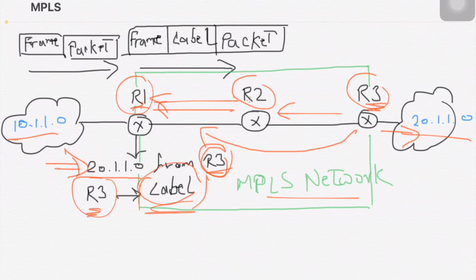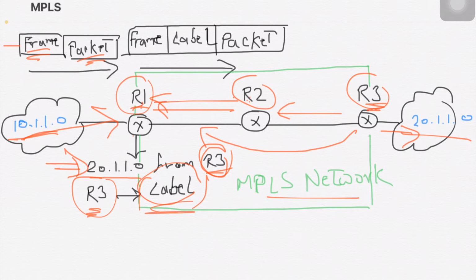We have here the frame and packet of the source 10.1.1.0. The frame and packet here is going to be received from the source network 10 at router 1.